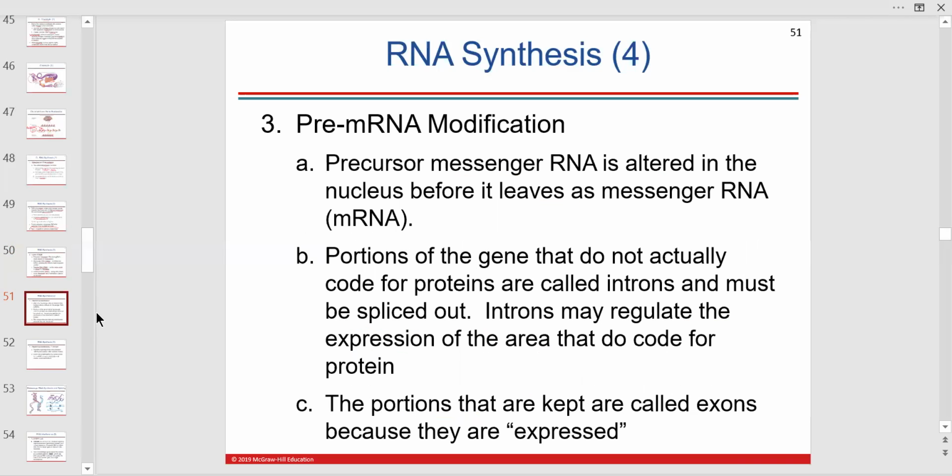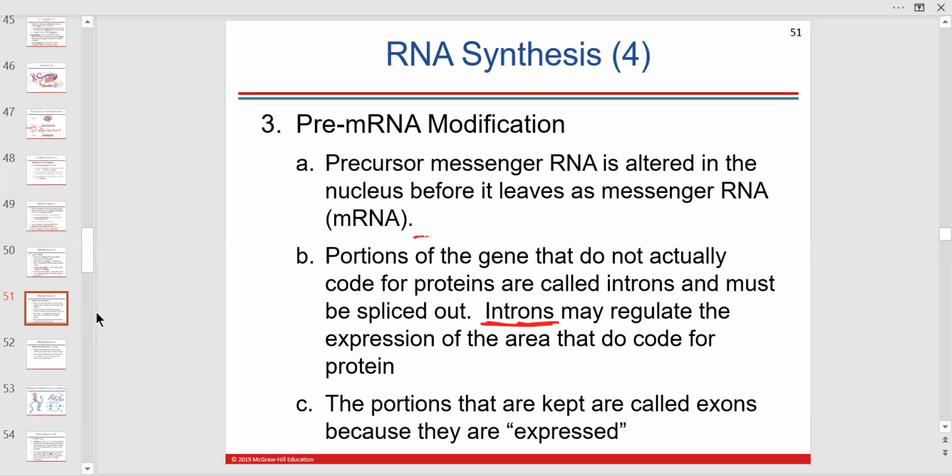So again, I don't want to get too far into this with introns and exons, but the messenger RNA, as it's copied from the DNA, there's a lot of extra DNA that's kind of snipped out with enzymes.